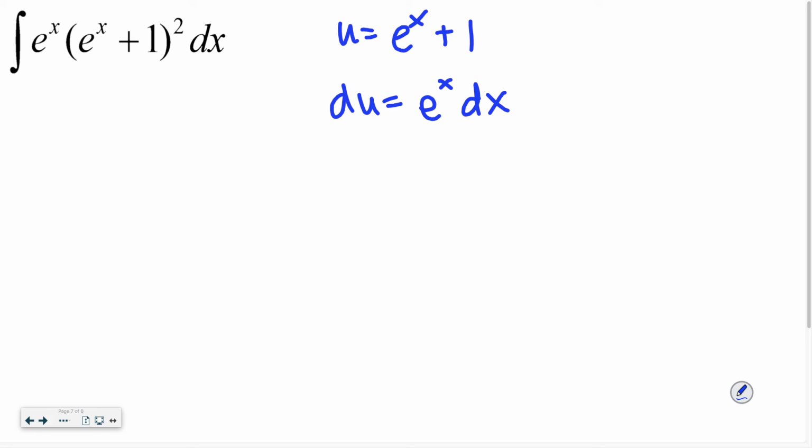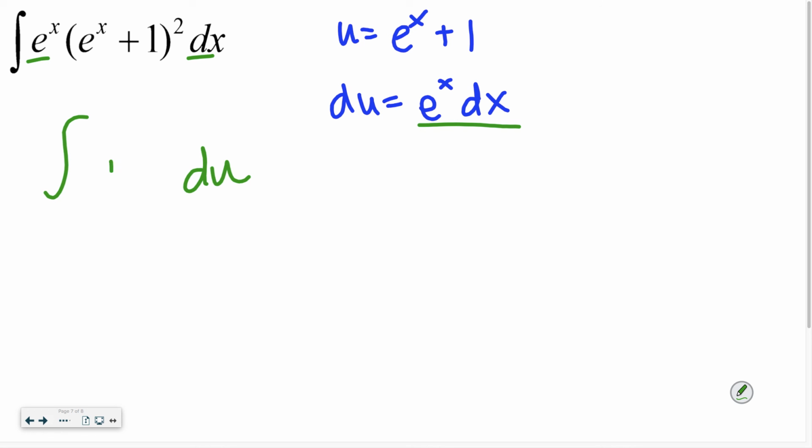What's tricky about u substitution is you have to think antiderivative and derivative at the same time. So those derivatives that we worked on for so long, we can't just forget about them because we're using them even as we're going backwards. So we have e to the x dx that we can replace with du.